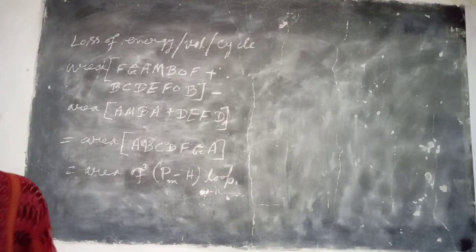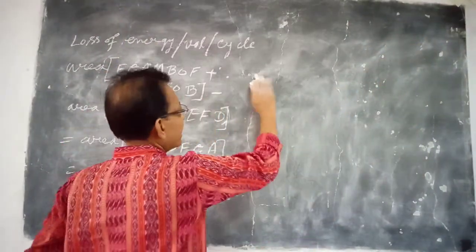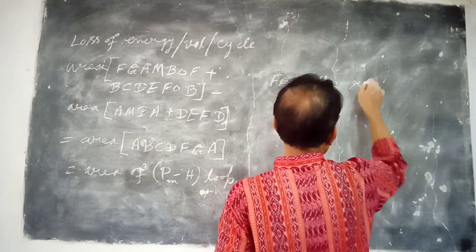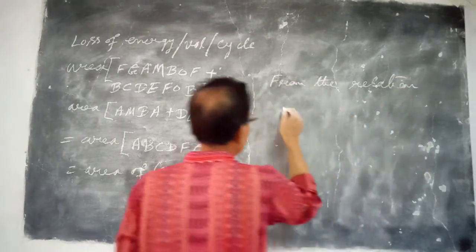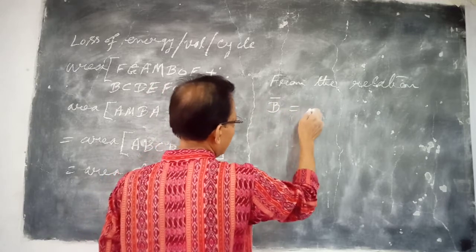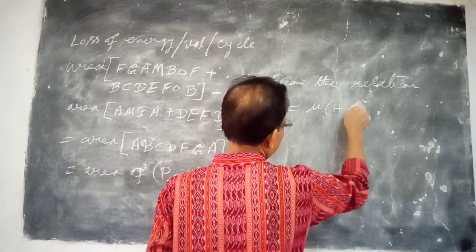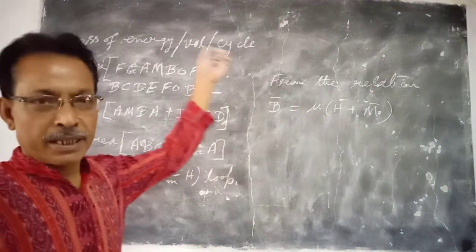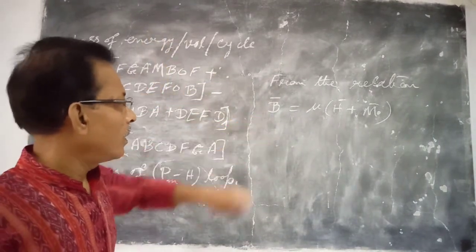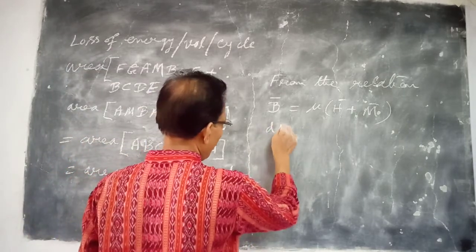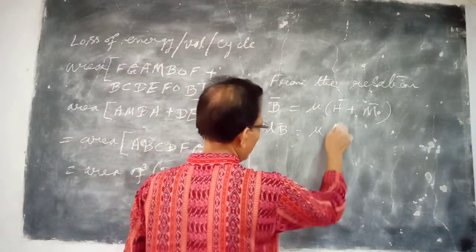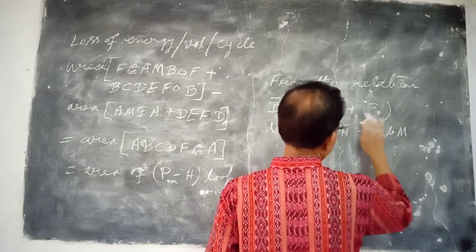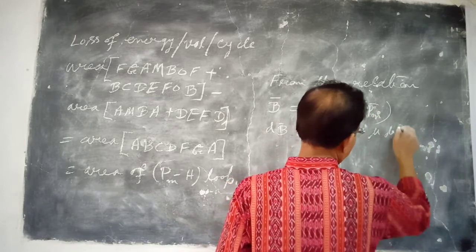Now, there is a relation between the intensity of magnetization and the magnetic induction B. From the relation between the three magnetic vectors, you know that B is equal to mu H plus M. Means the permeability of that ferromagnetic material is very high. So dB is mu dH plus mu dPM, right?